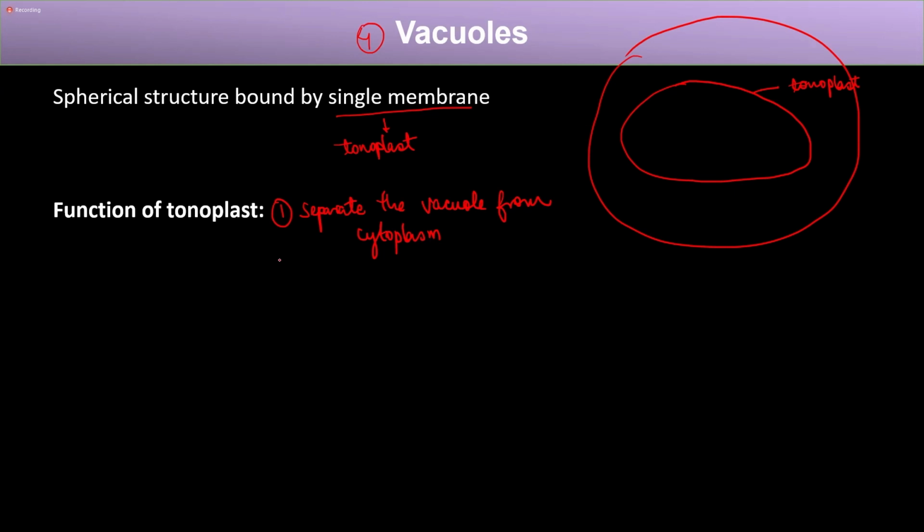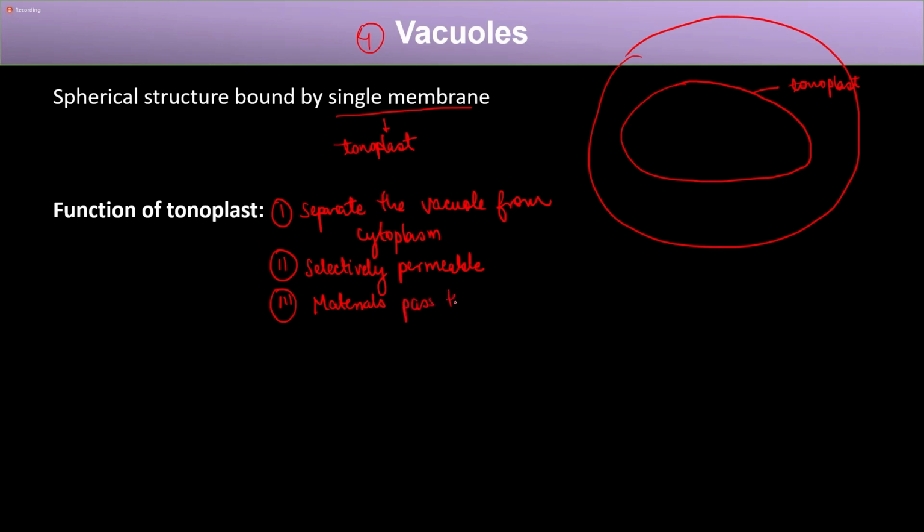The second function of the tonoplast is it is selectively permeable. Just like the plasma membrane, it is also selectively permeable, which means it only allows certain selective molecules to pass through it. And how do these molecules pass through this tonoplast? The molecules pass through tonoplast via active transport.